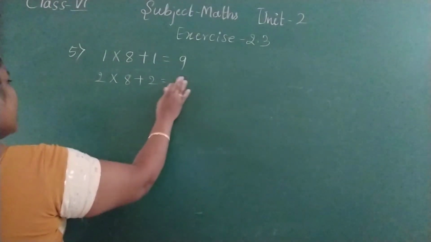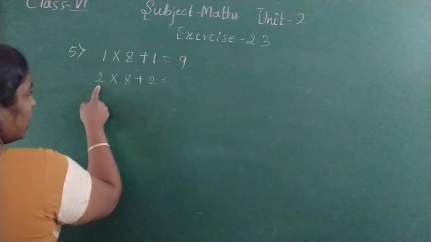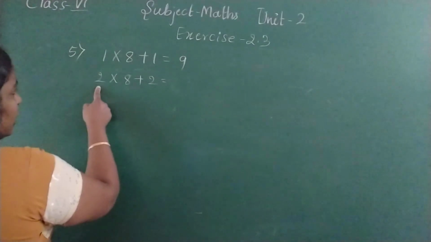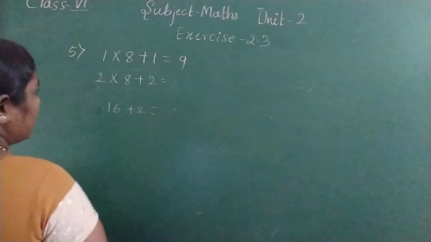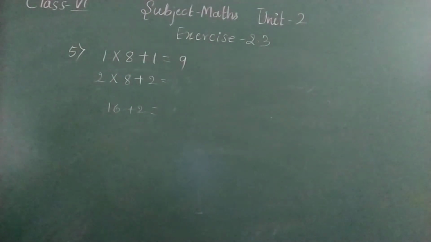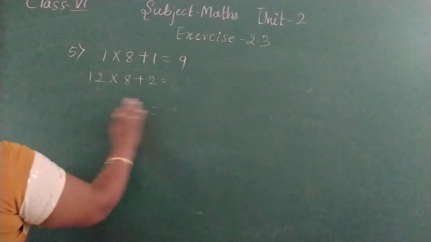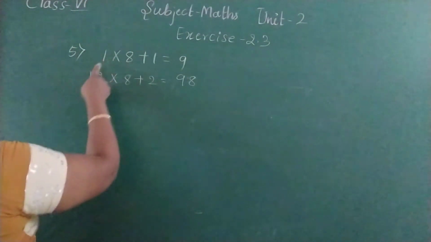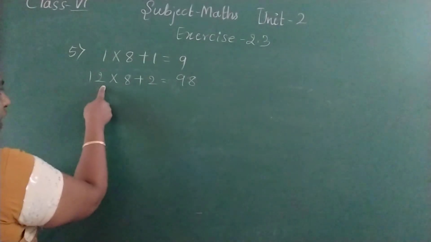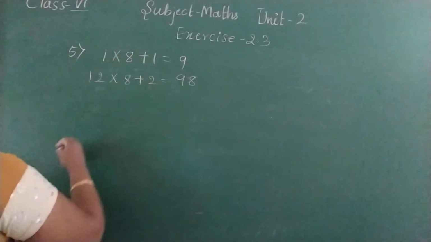So what will be the answer? 8 twos are 16, 16 plus 2, how much? This is 18. 9, 8. Here 1, 2 we have added. Here 1 and 2 we have taken.